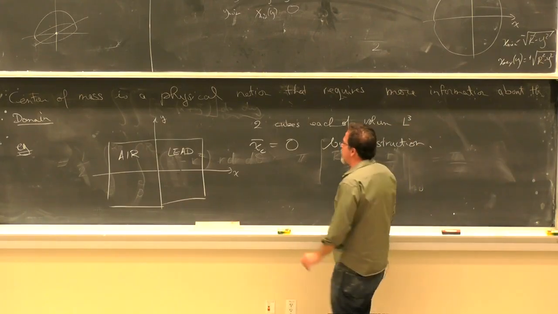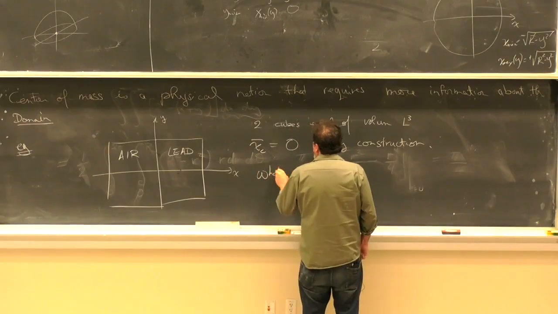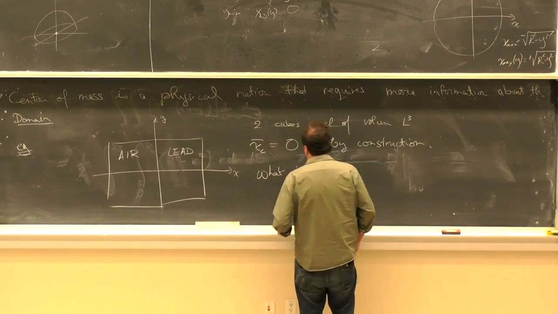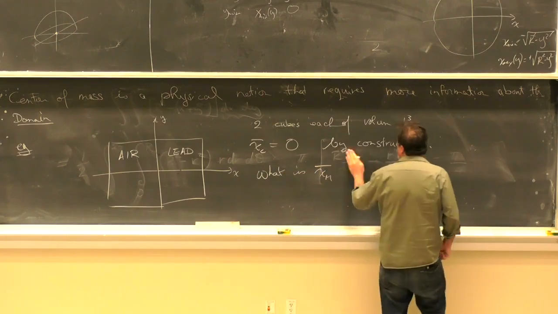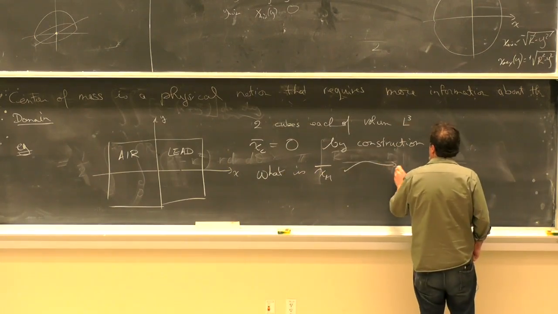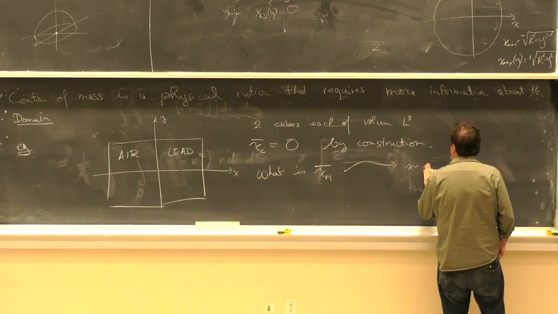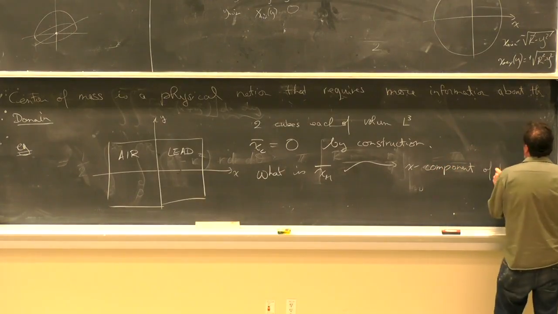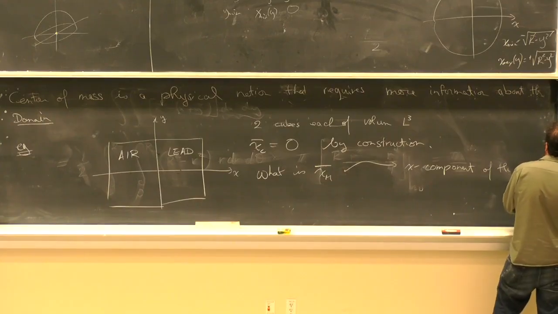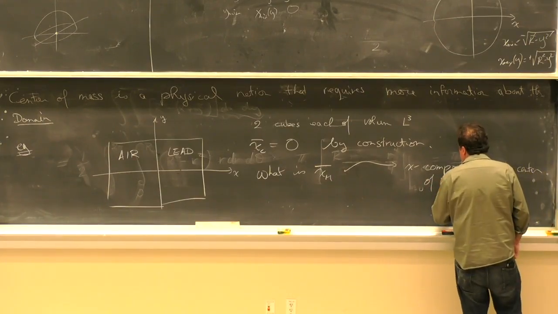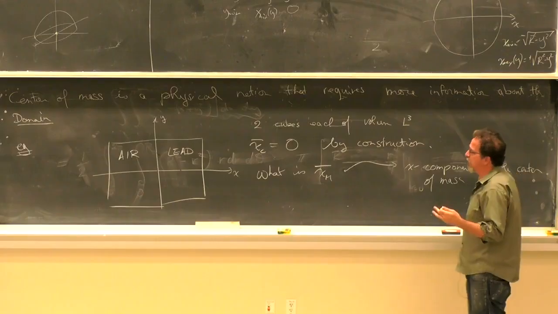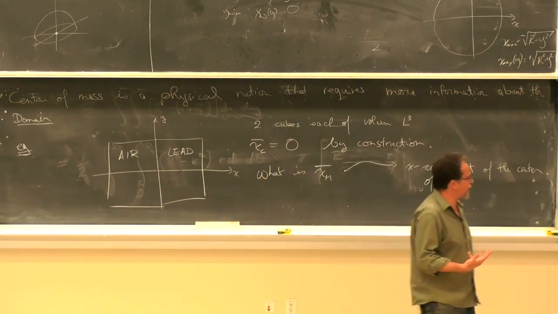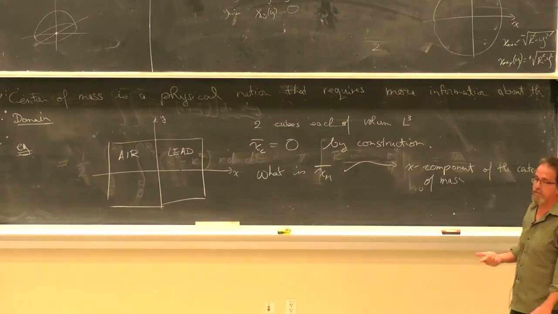What is xm bar, the x component of the center of mass? So you see from here that I have given you more information. I have added a physical thing to this, which is one is lead and one is air.